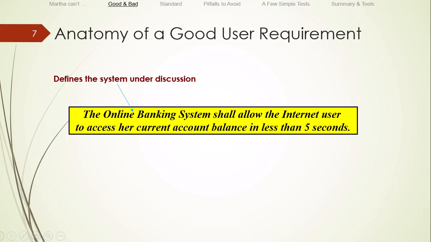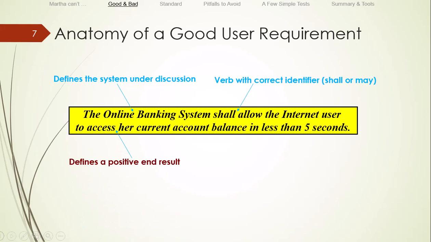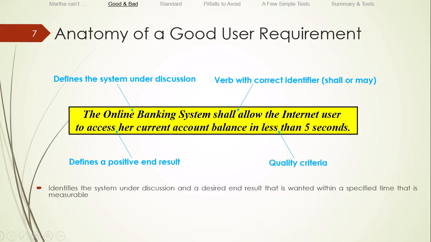Define the system under consideration. Online banking is the system under consideration, and we are going to develop it. Verb with the correct identifier, shall or may. Define a positive end result: to access. Quality criteria: in less than 5 seconds.